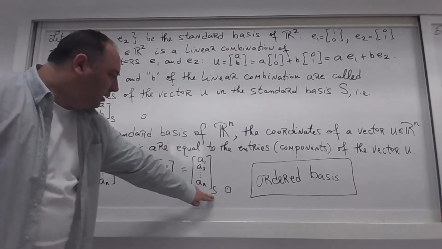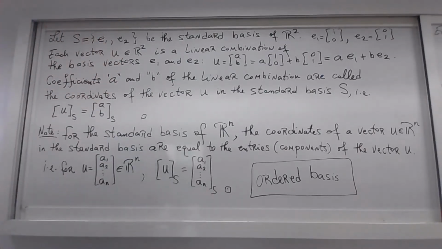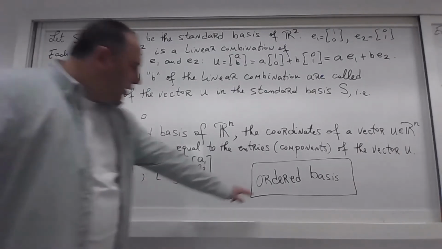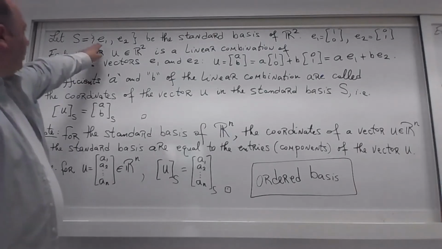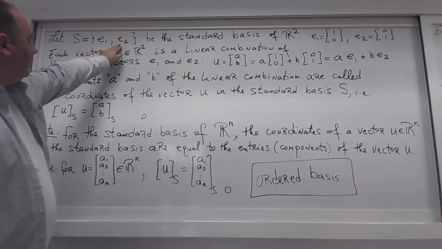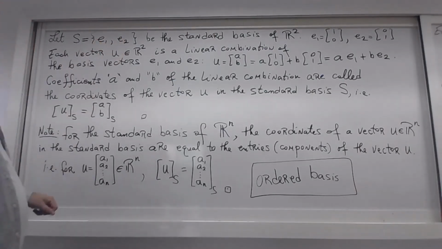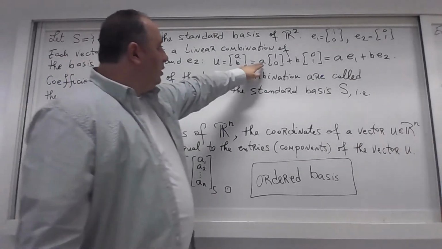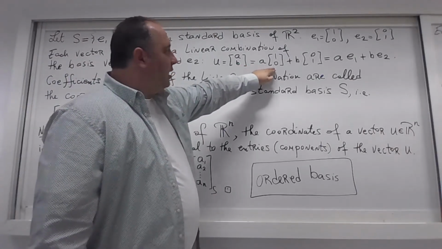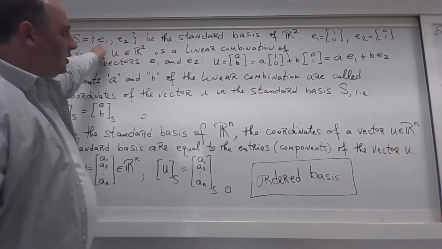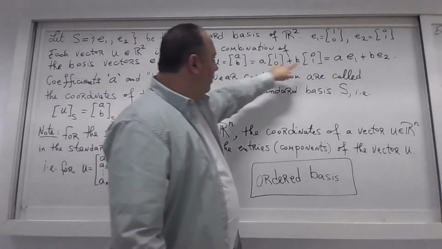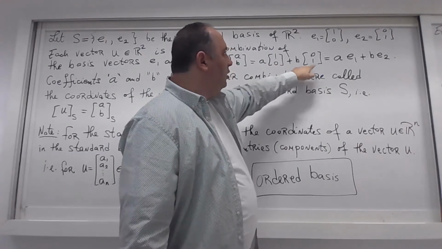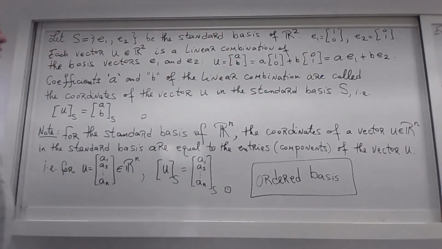But I keep writing S here just for you to know that these are the coordinates of the vector. And we deal with ordered bases, which means that the order of these vectors here is fixed. Once we write it, we don't change it because it has a meaning. A multiplies the first basis vector, and B multiplies the second basis vector. So we've got to be careful who's first, who's second. Once we set a basis, we don't change the order.